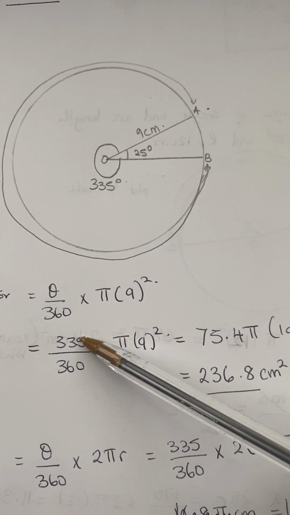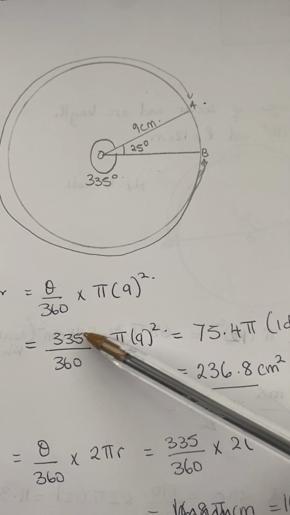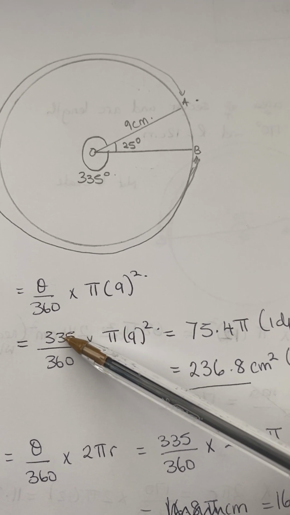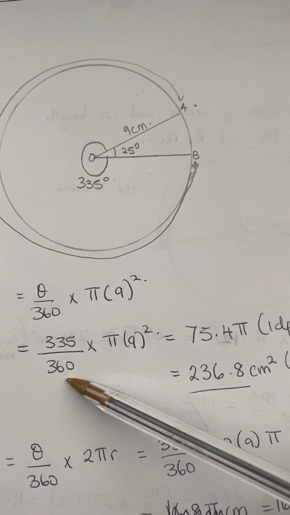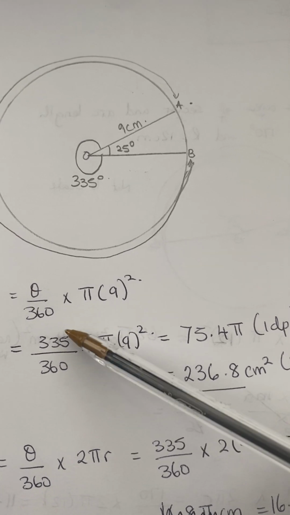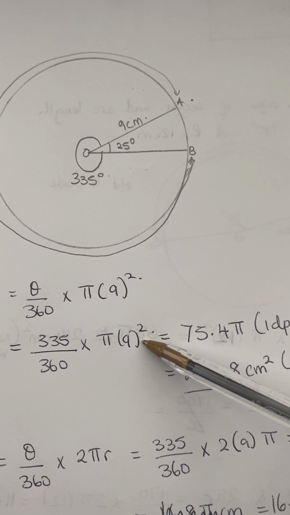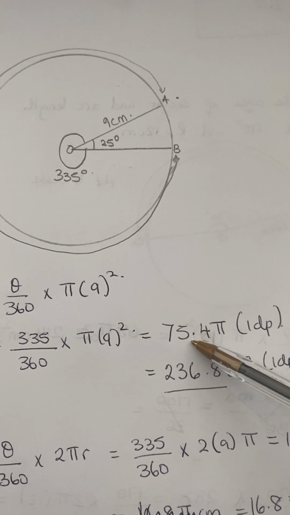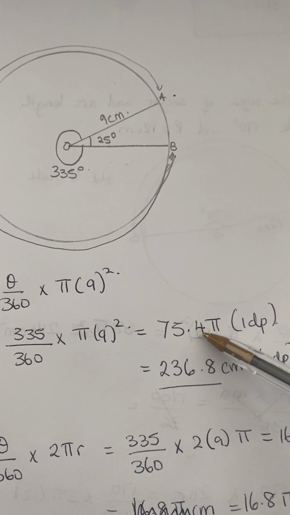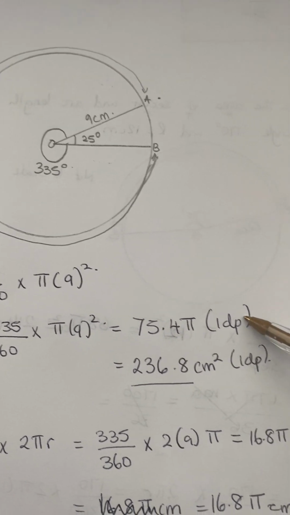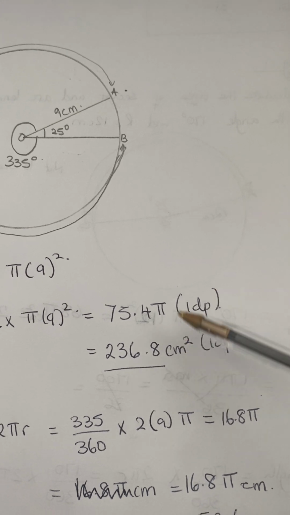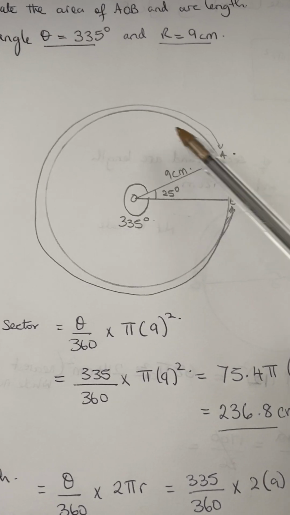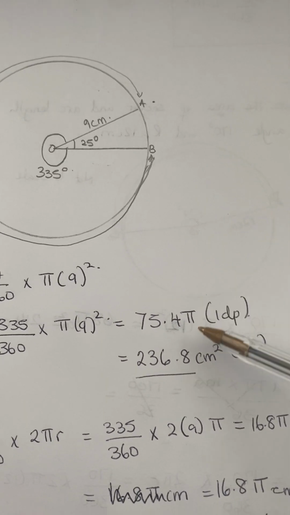Or we can straight away do 355 over 360 multiply by 81 pi. If you do that correctly, you should get 75.4 pi to 1 decimal place. Remember your units, centimeters squared, because this is the area.